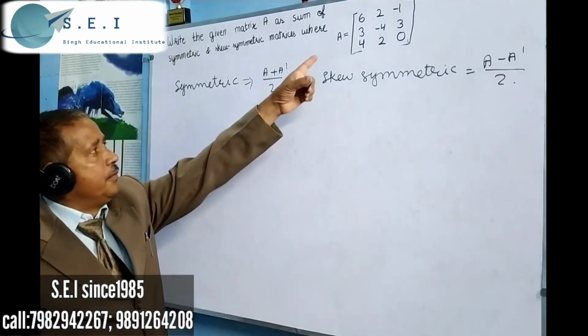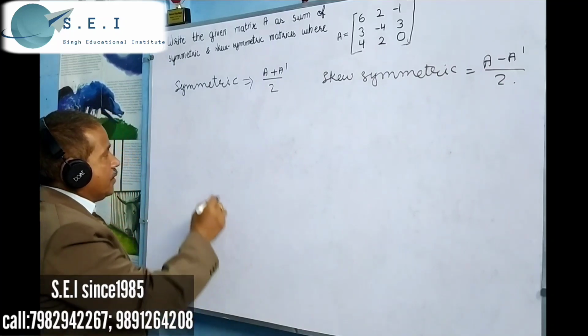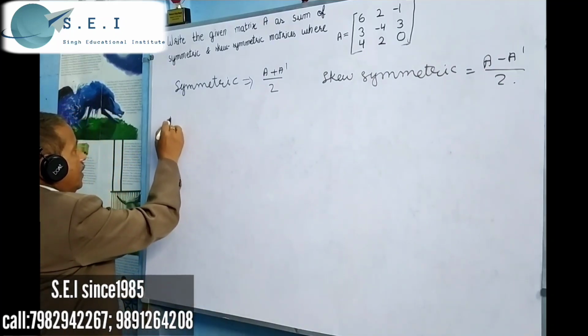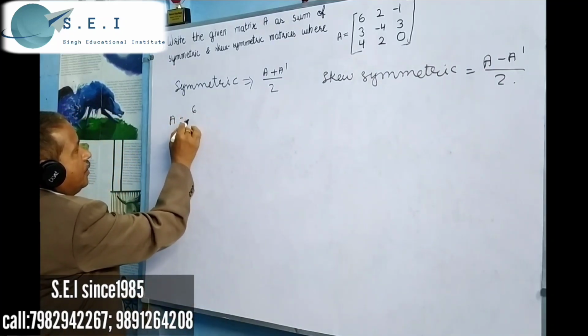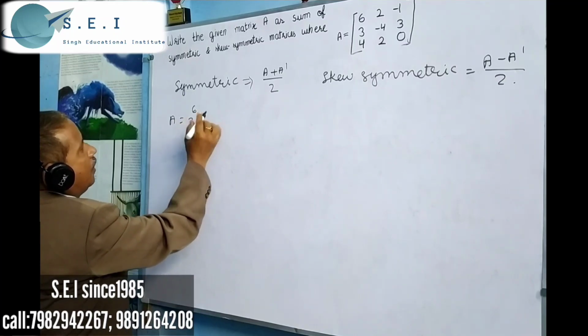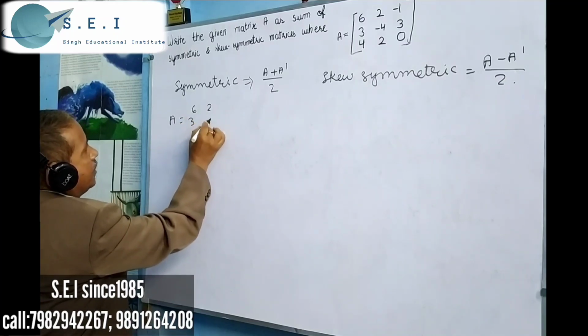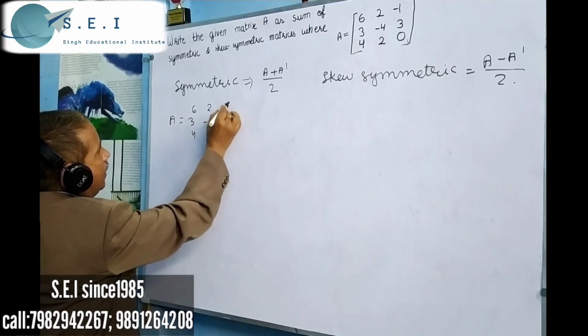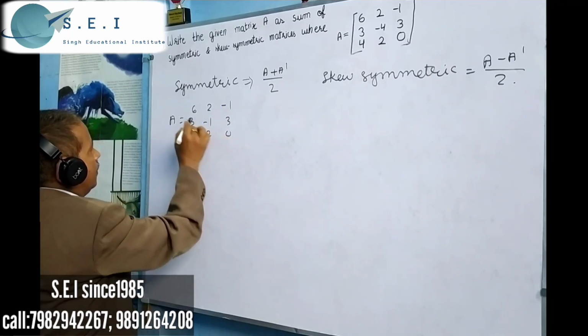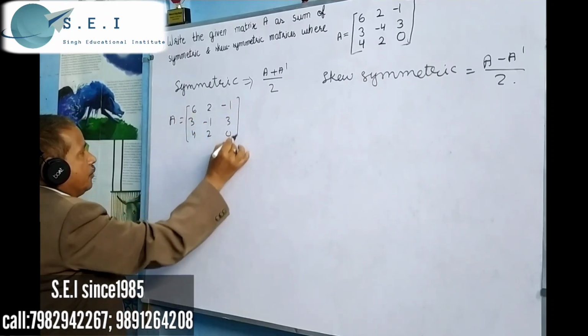So first of all, we need to find out the transpose of A. A is equal to 6, 3, 4, 2, minus 1, 2, negative 1, 3, and 0. To get the transpose of A, we transform all rows correspondingly into columns.